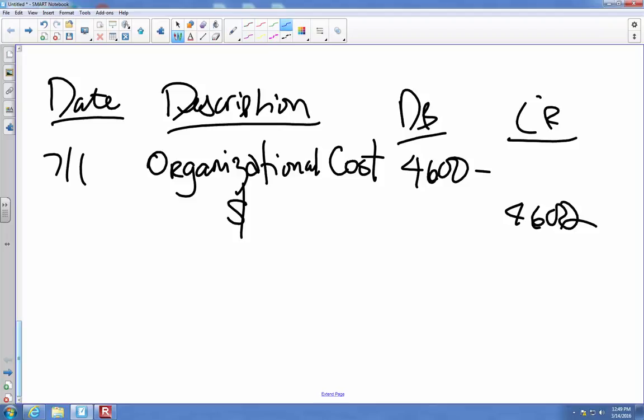So when I asked what kind of account is the debit, the answer is an intangible asset.